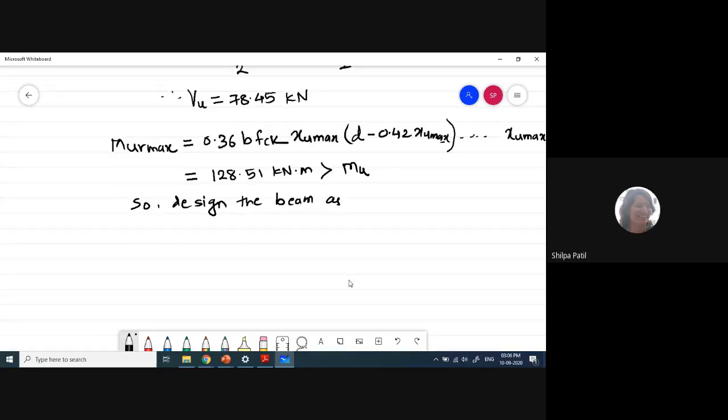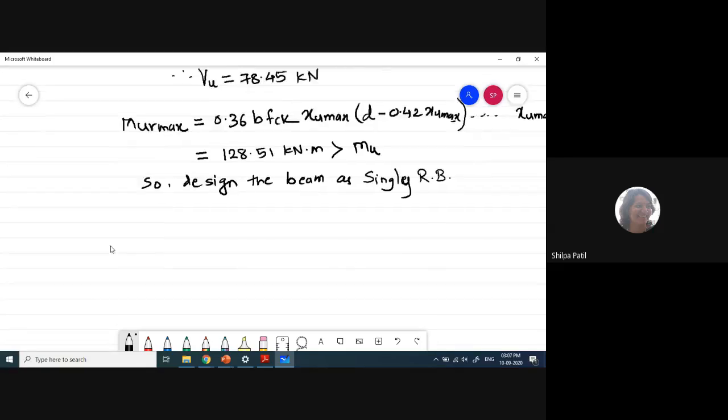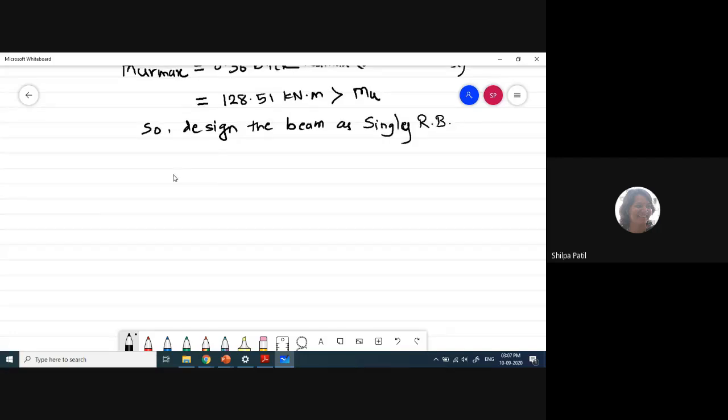The total moment acting on the beam is less than Mu,lim, so it should be designed as a singly reinforced beam. Design the beam as a singly reinforced beam. It means we have to calculate only Ast. There is no need to calculate Asc. This is the difference between singly and doubly.